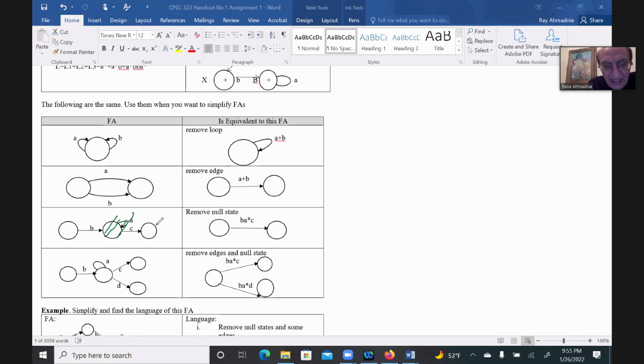Any B, any A's, and then 1 C you can get to here. And from here, either you go to this or you go to this one here. So B, any number of A's and C you get to here. B, any number of A's and D, you can get to here. I eliminated this one here.